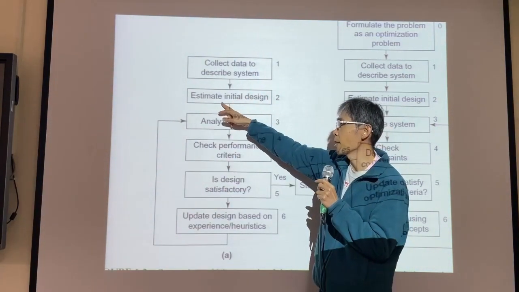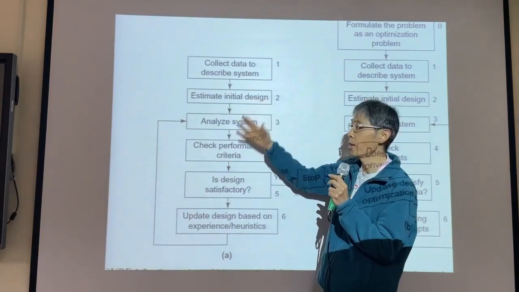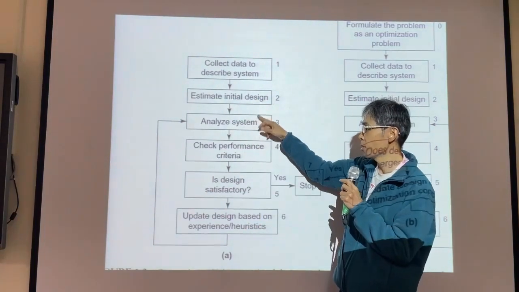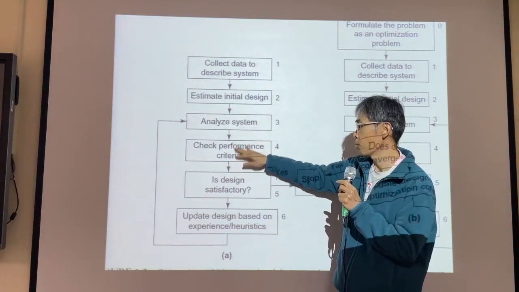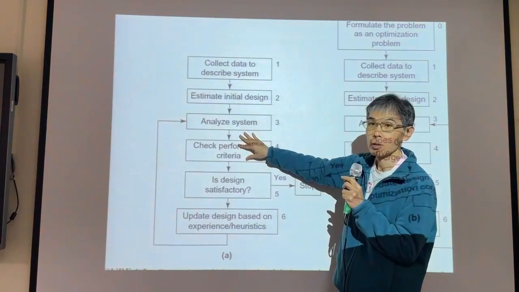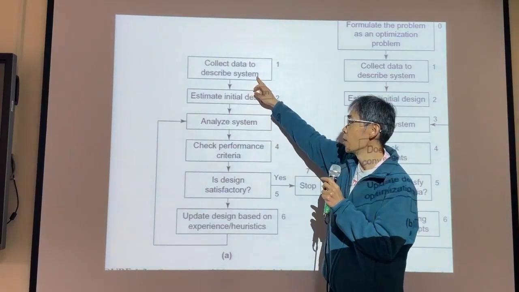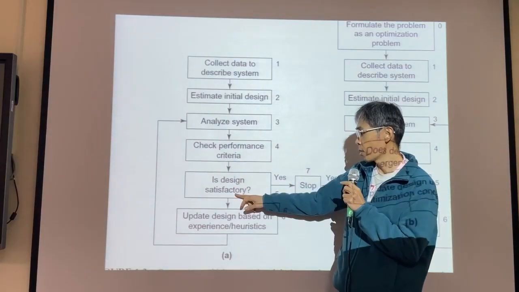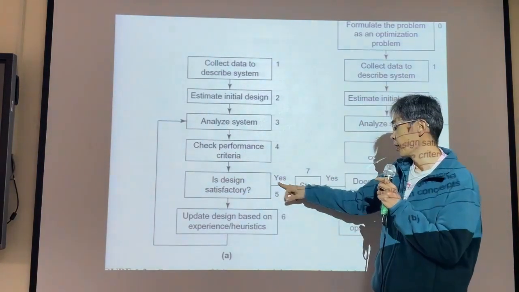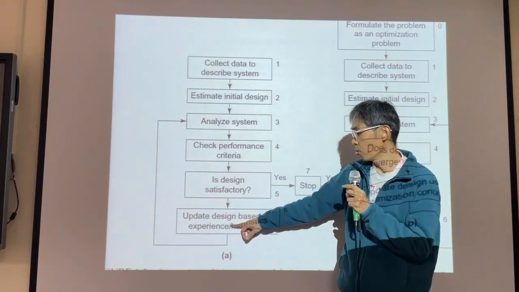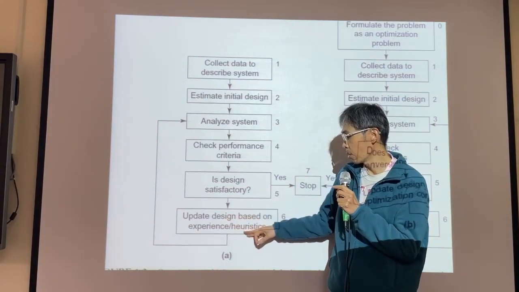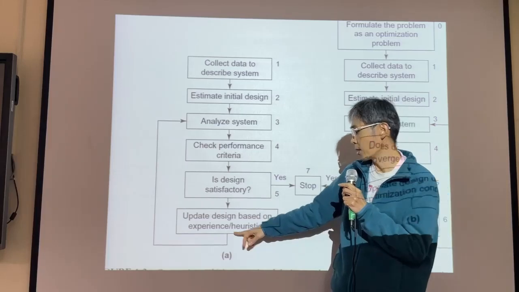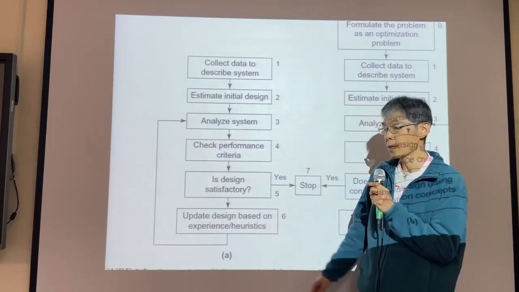Then you estimate the initial design by hand. You analyze the system, and you check if your system is okay with all these criteria. Then is the design good, satisfactory? Yes, then stop. If no, you need to update your design based on your experience or heuristics.